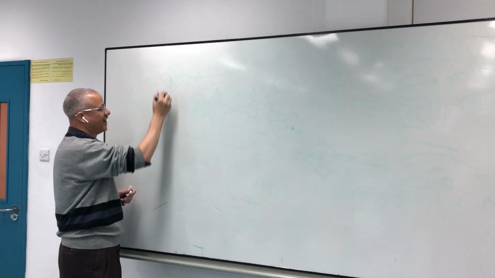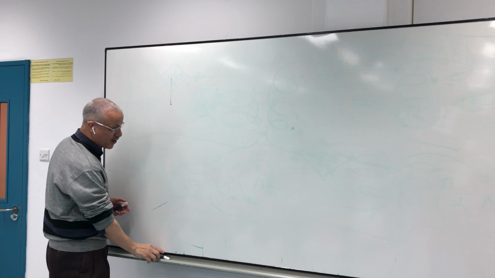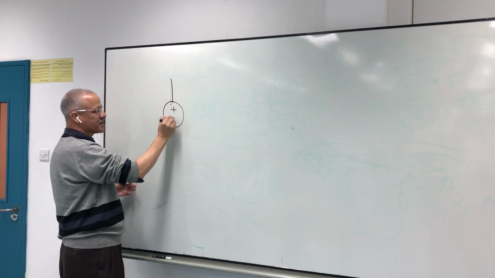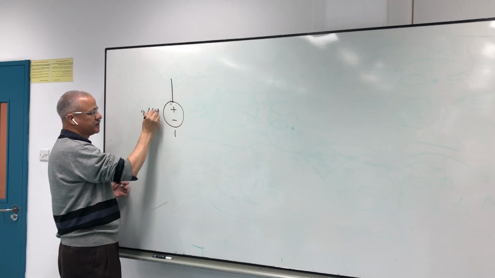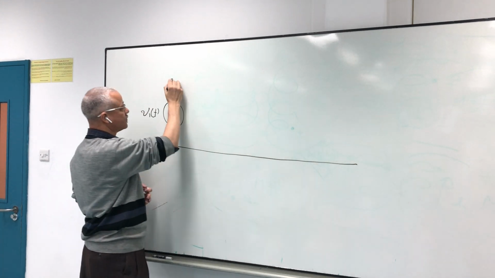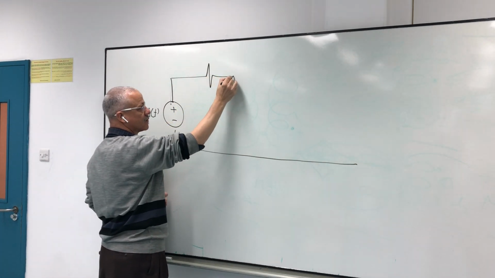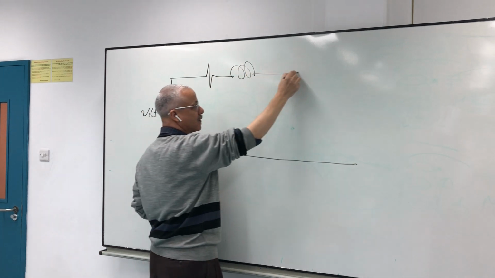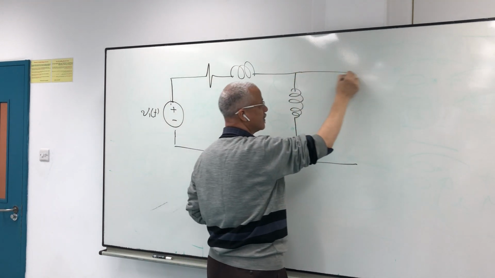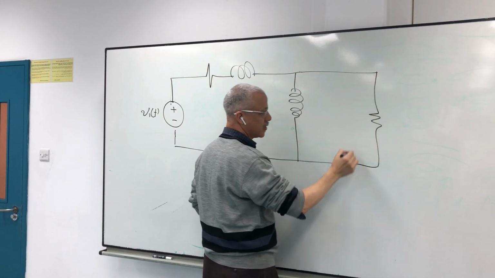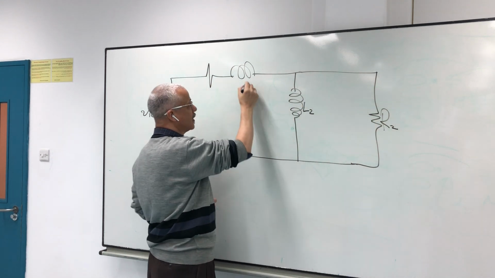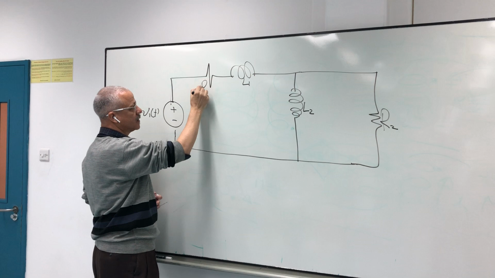Here, the problem on the whiteboard. Plus minus V1(t). So here R2, L2, L1, R1.